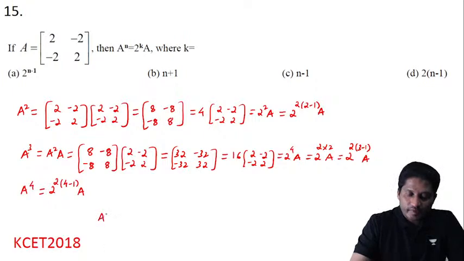In general, A power n is equal to 2 to the power of 2 into n minus 1, into A.